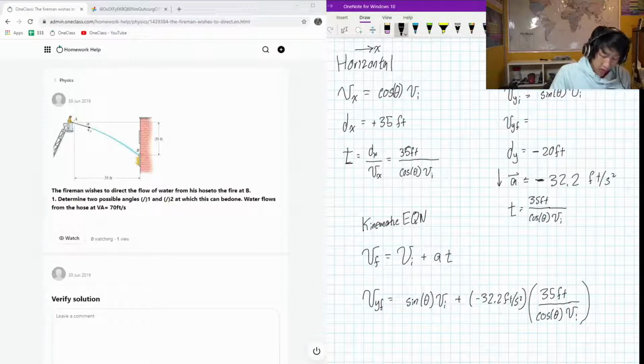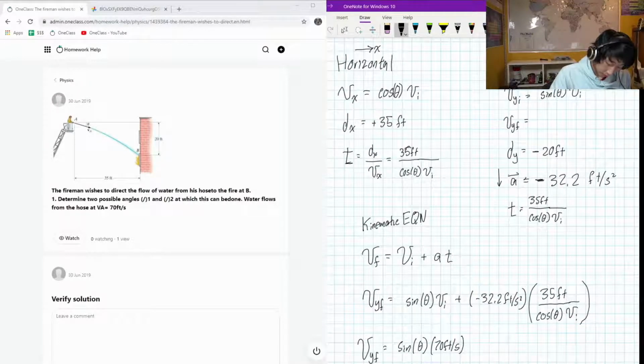Okay, so what we got here is, let's actually sub in Vi. So that's for this equation. Sine theta times Vi, which was 70 feet per second. Oops, not equals.